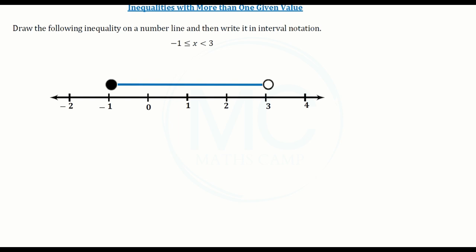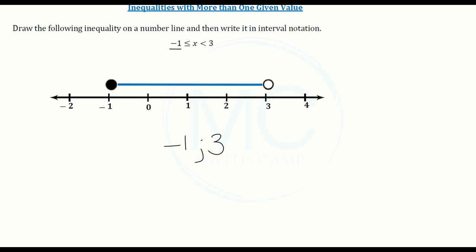Now let's write this inequality in interval notation. In our previous video, we learned that interval notation shows us the highest and lowest possible values of x. Here, the lowest possible value is -1 and the highest is 3. So -1 is our lower bound and 3 is our highest.